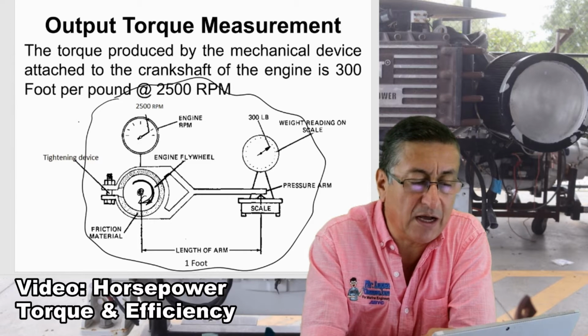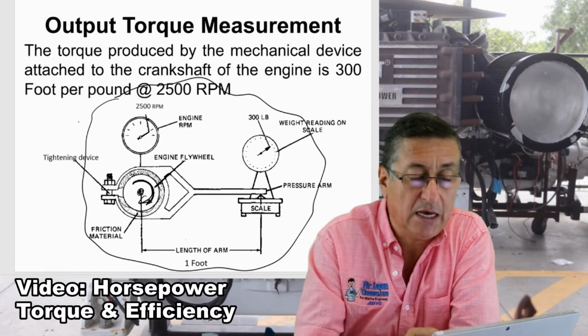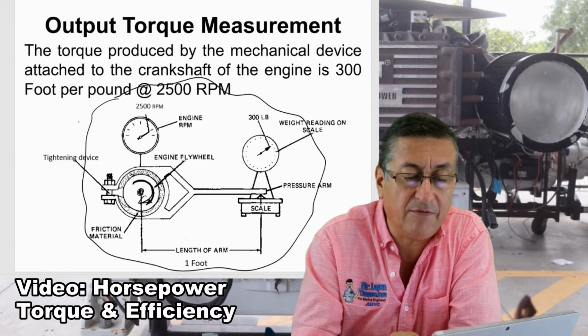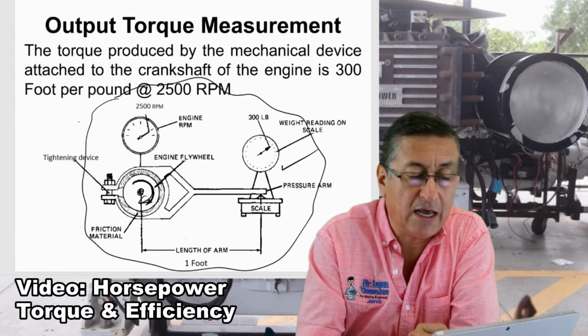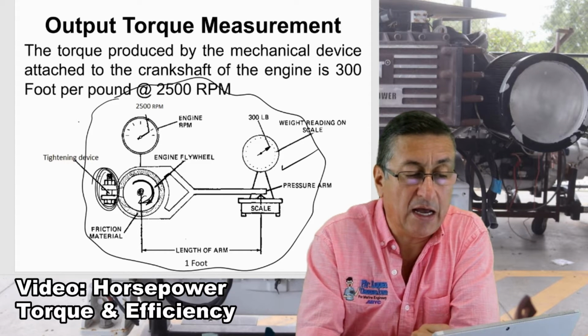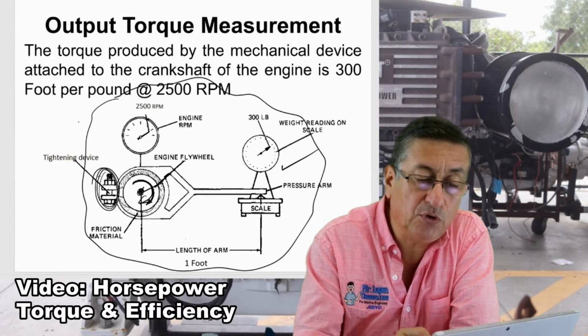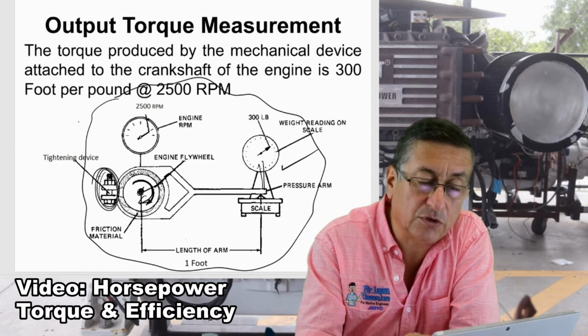These mechanisms have a friction material here, like the friction material that you have in the pads of your brakes. And here you have a scale. Depending on the pressure that you apply on this bolt, and depending on the RPMs of the crankshaft, you can produce a vertical force.